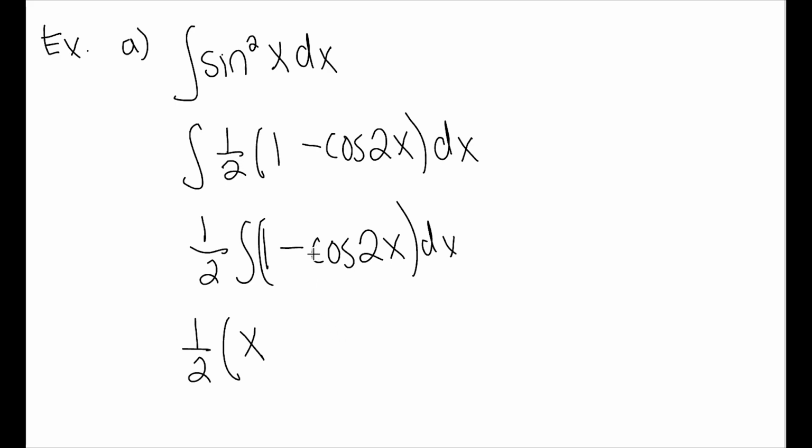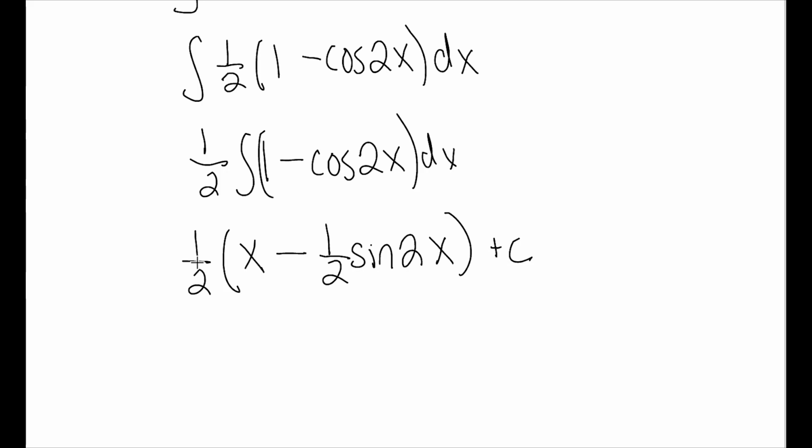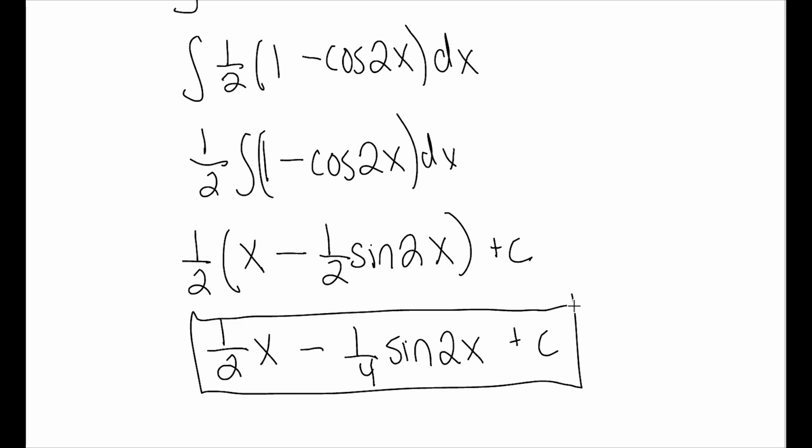Cosine turns into sine, and we divide by the coefficient of x. And then we add a c. So we can go one step further and distribute the 1/2. 1/2 x minus 1 over 4 sine 2x plus c.